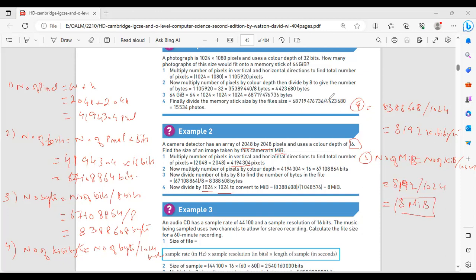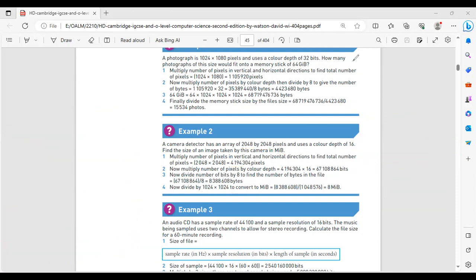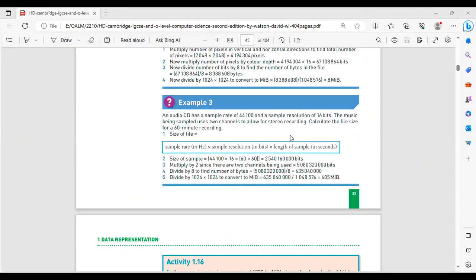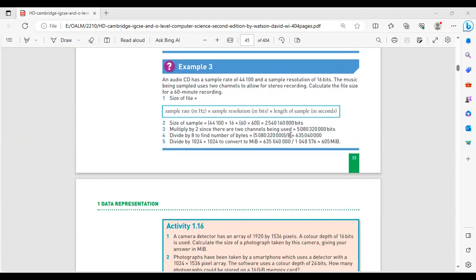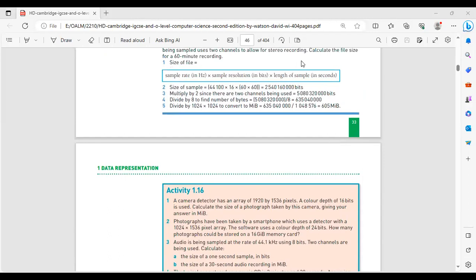So the rest I will cover in the next lecture so that you can understand in a better way. The next part is to calculate example 3, given an audio. We can do it in the same way.